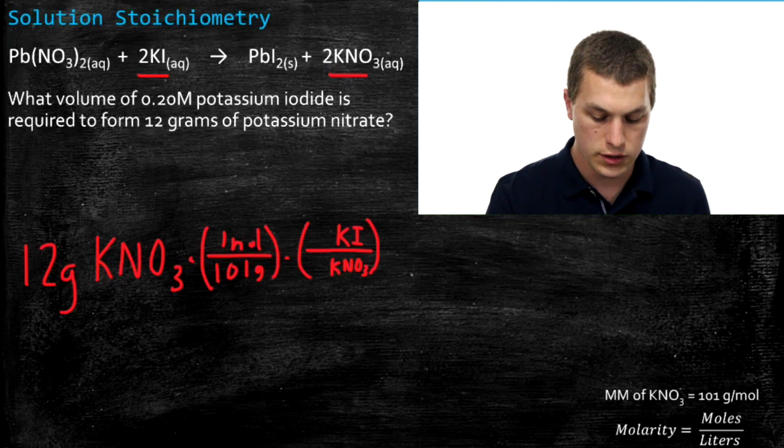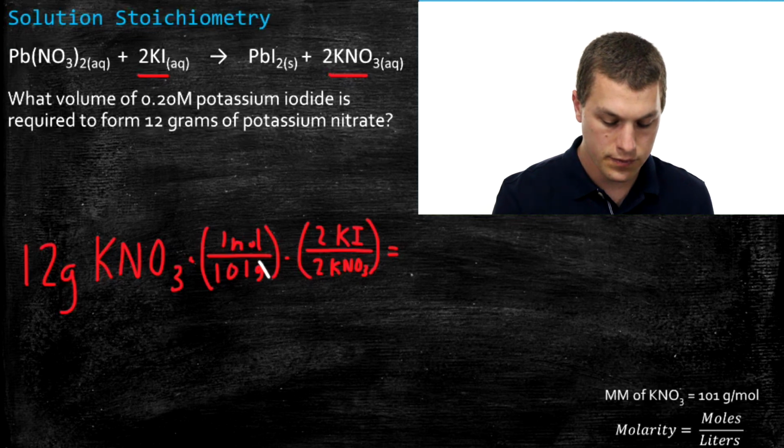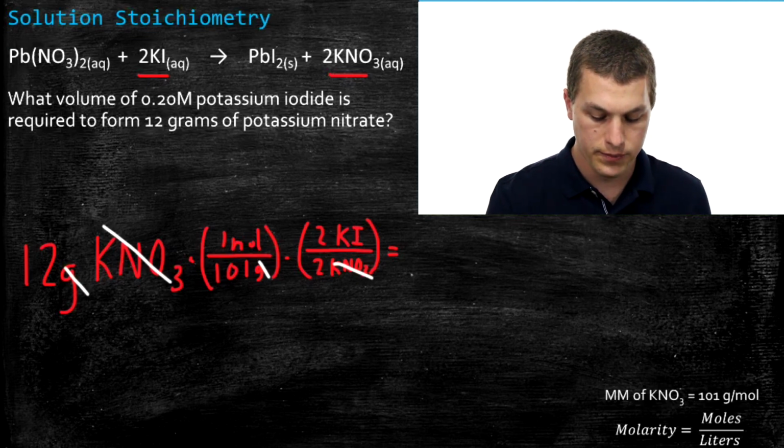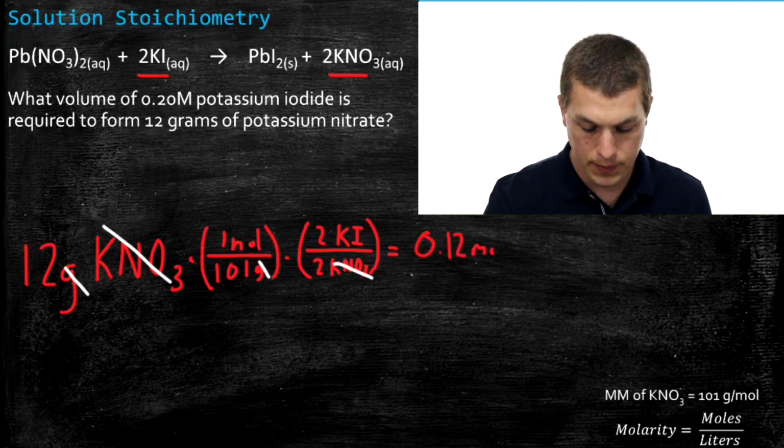So we're going to write a 2 over a 2. Now, we're going to go ahead and calculate what that gives us. That's going to give us moles now of potassium iodide because our grams cancel out and our KNO3 cancels out. And when we do that, we get 0.12 moles of KNO3. Or I'm sorry, of KI.